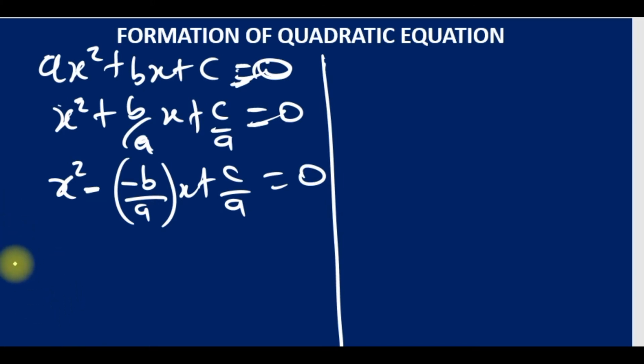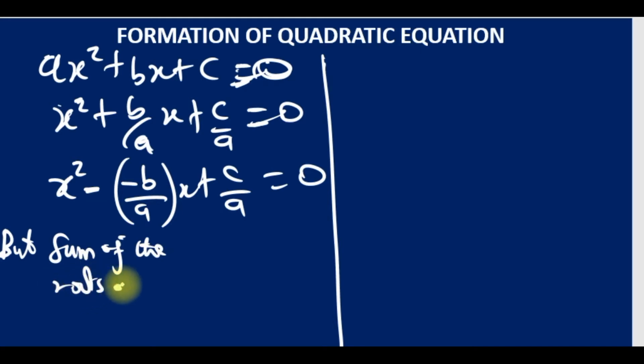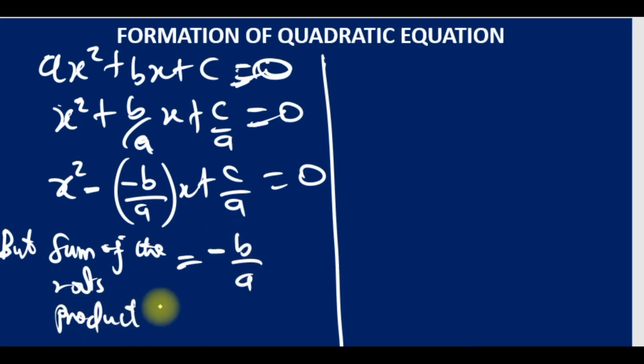And do you remember that the sum of the roots of a quadratic equation, we know we are on quadratic equation, the sum of the roots of any quadratic equation is minus b over a, while the product of the roots is c over a.